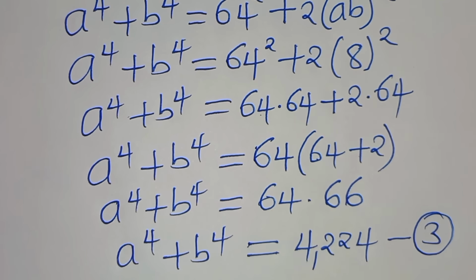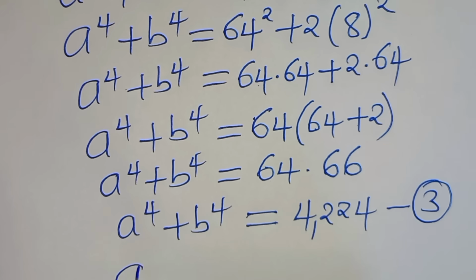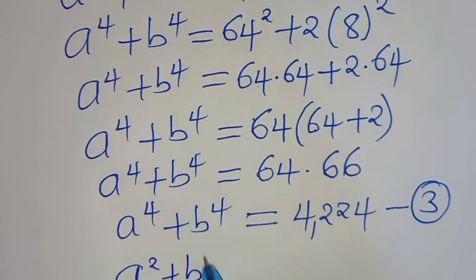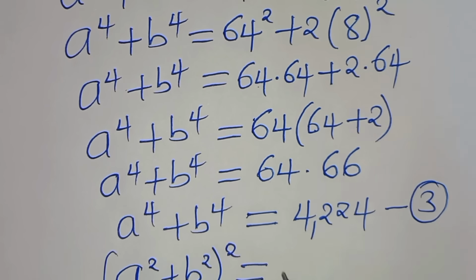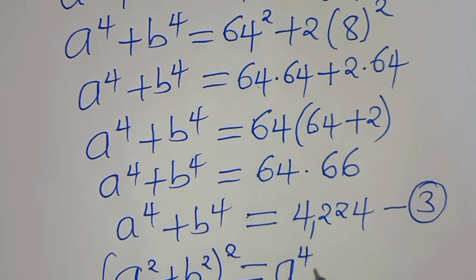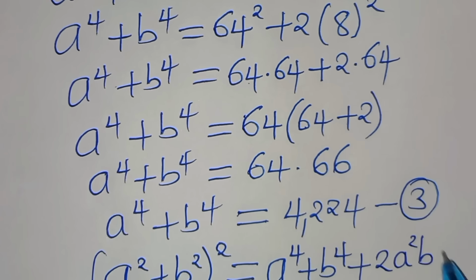Now, we have that a to the power of 2 plus b to the power of 2 raised to the power of 2 is the same thing as a to the power of 4 plus b to the power of 4, then plus 2a squared b squared.